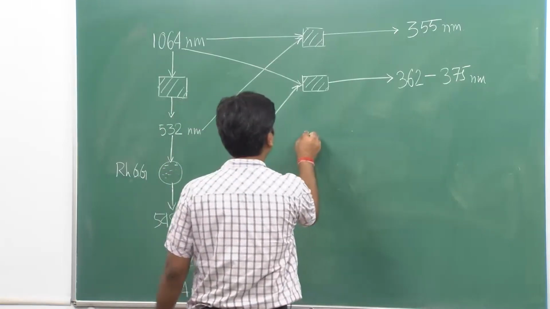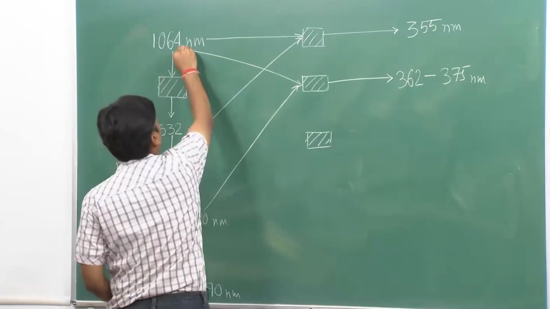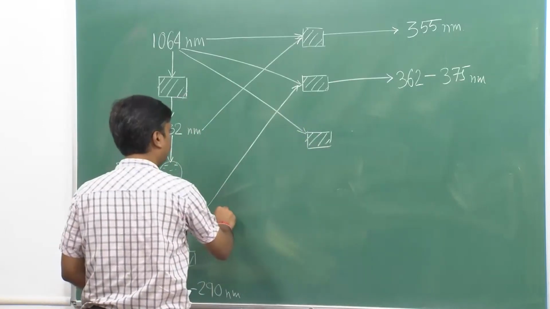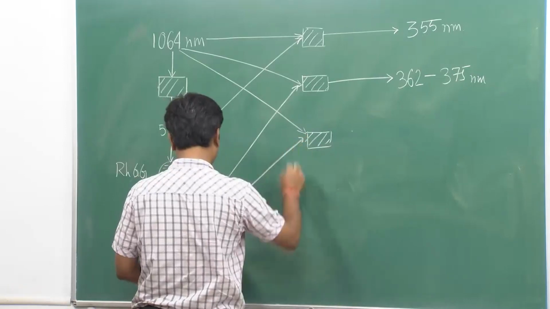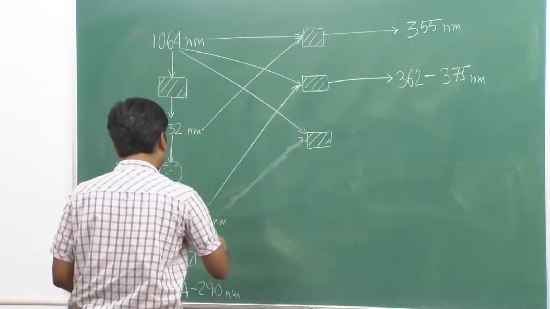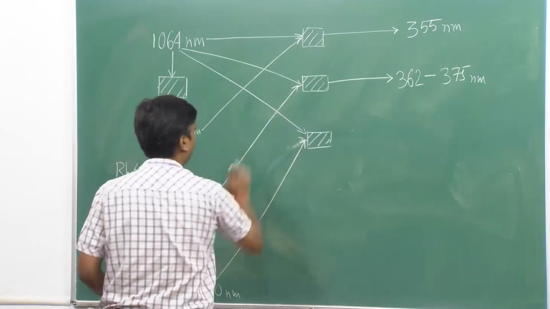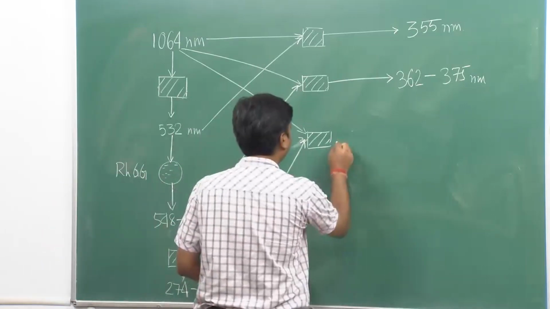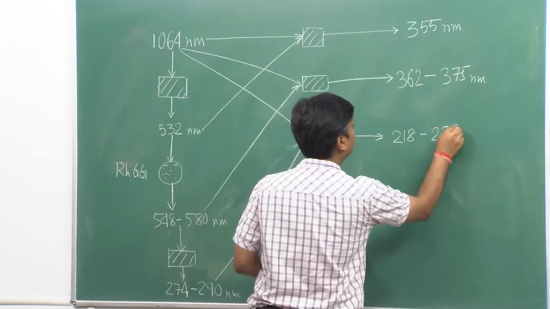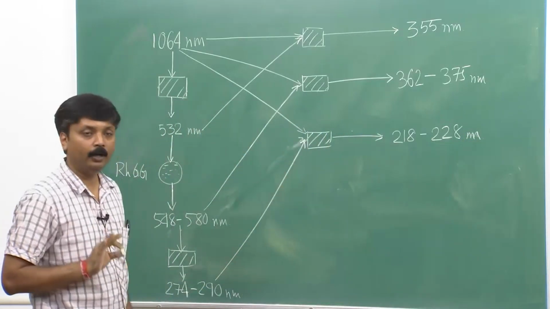And if I take another crystal here and allow the mixing of 1064 nanometer and this here, then again I can generate a huge range, which is 218 to 228 nanometer, and you can see it is in the ultraviolet region.